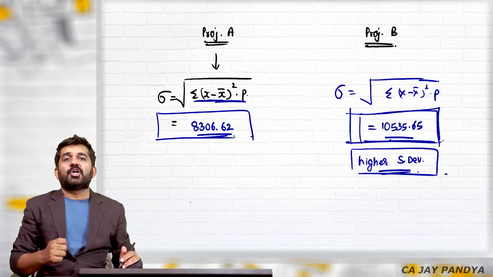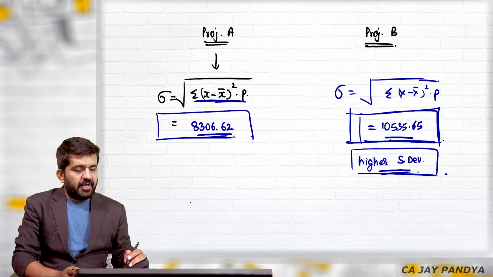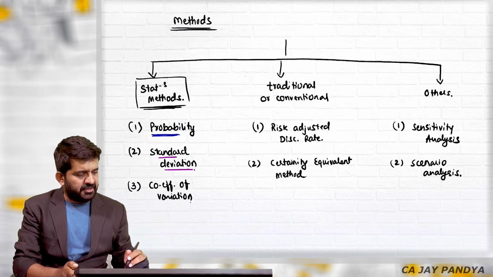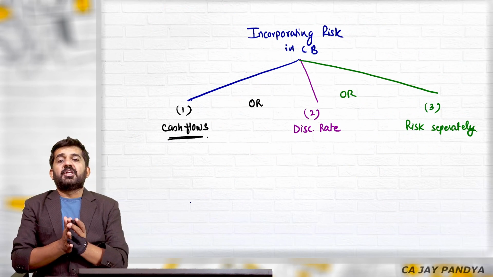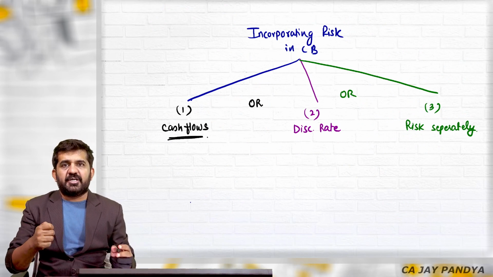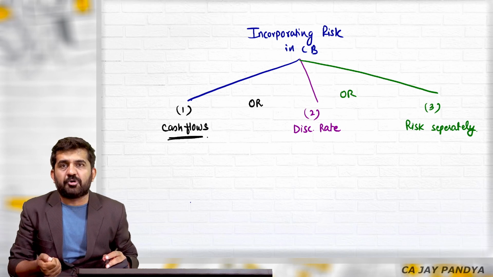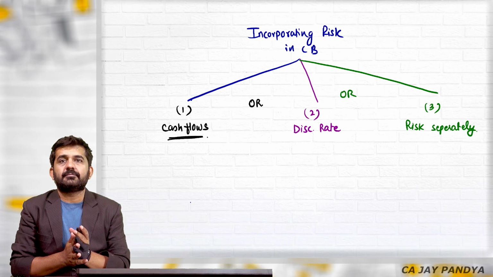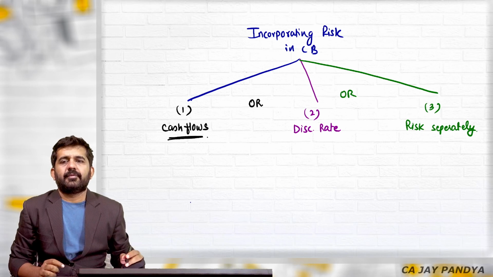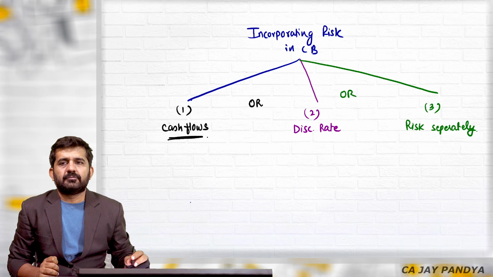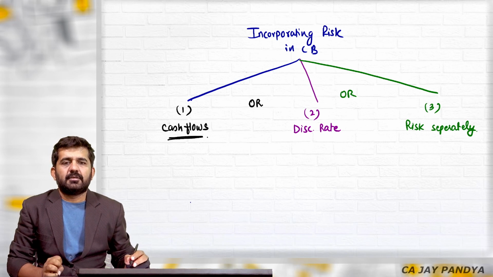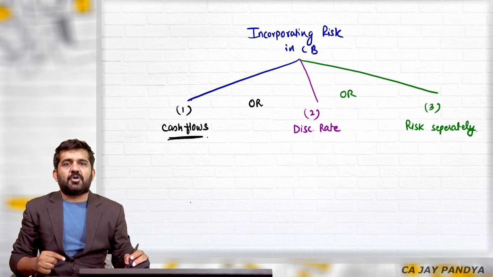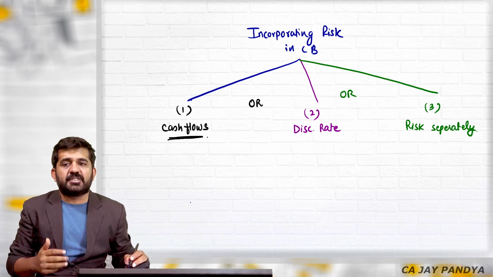This is the method of standard deviation. Can anyone tell me, in the method of standard deviation, where is risk incorporated? Is it incorporated in cash flow, is it incorporated in discount rate, or is risk found out separately? Anyone?